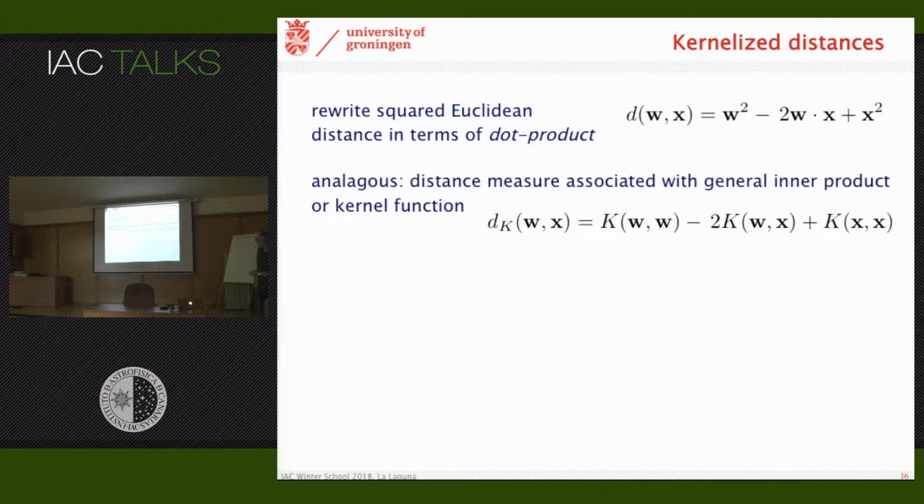If I have a more abstract distance, where I know that dot products can be represented by a kernel function, very much as in the SVM, then I can associate a kernelized distance with that by just taking the kernel of ww, minus 2 times the kernel of wx, and add the kernel of xx, which is the analogon of the Euclidean case, now for a more general dot product, which is represented by the kernel.